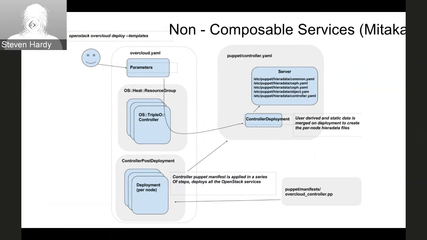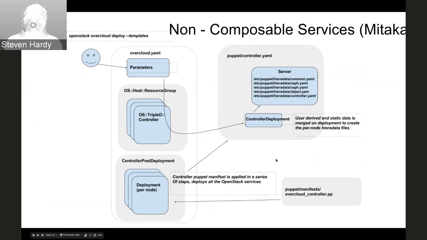And the way it would work is all of the parameters you pass in would be passed into each of the controller nested stacks, and we would basically write out a bunch of hieradata files using a software deployment resource. And so the user provided parameters got mapped into hieradata on the file system for each of the nodes.